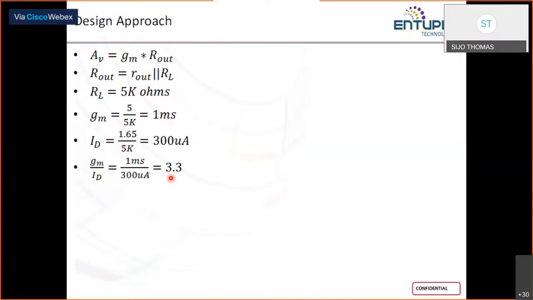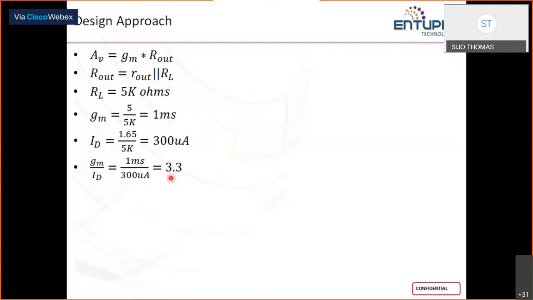Now, for this gm by ID, we need to find the current density, which is what I'm going to plot, taking into consideration that my MOSFET is working in moderate or weak inversion. So we'll now go to the NMOS characterization and find out how to characterize the NMOS to extract these DC operating point parameters such as gm, ID, R out, CGG, CDD, all the things we discussed now.